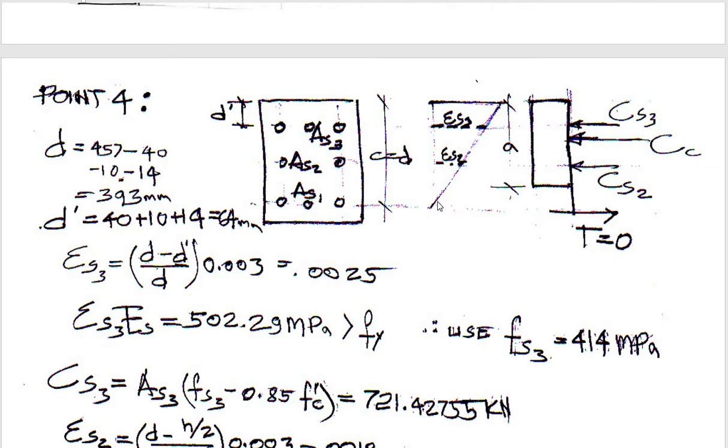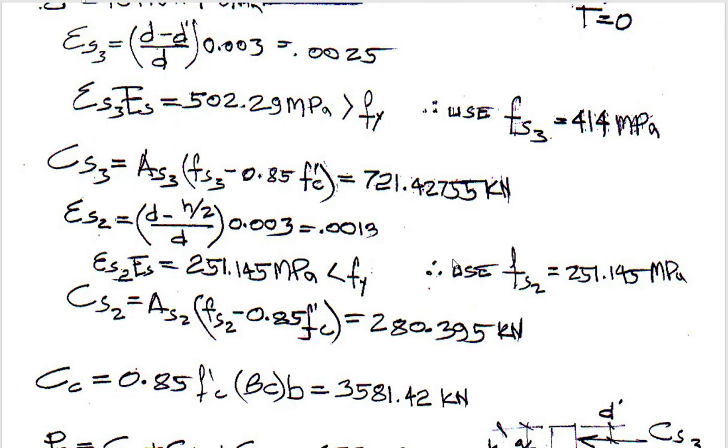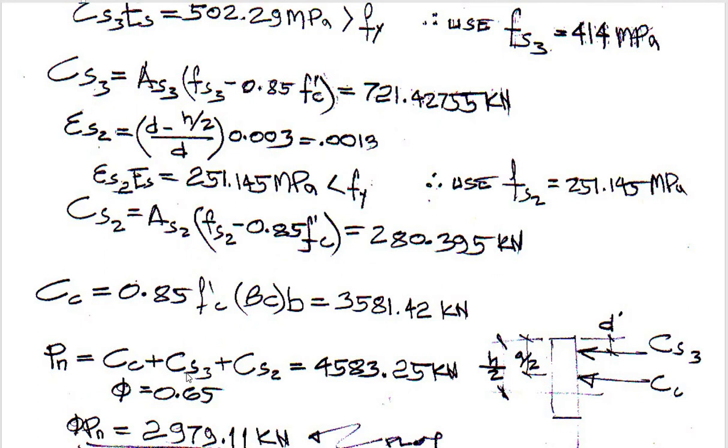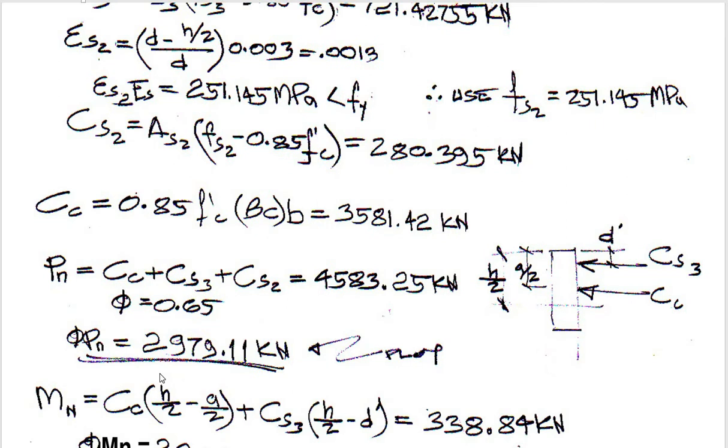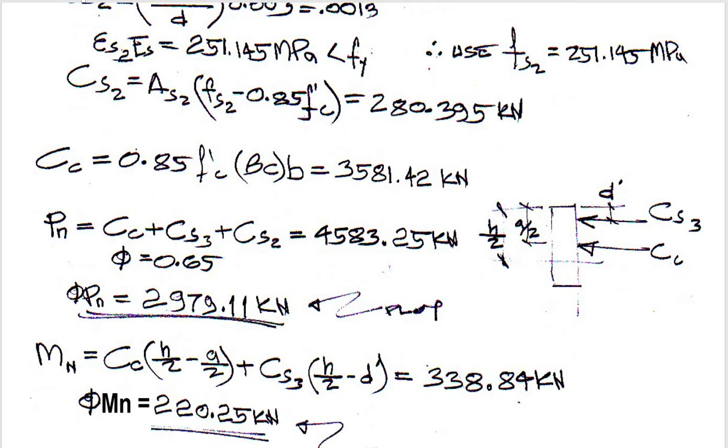And take note na yung ating strain diagram, walang negative triangle. Kaya compression lahat sila. And then, that is now 4,583 kilonewton. You multiply that by 0.65, you get this phi Pn. Next is your nominal moment. So I will split.